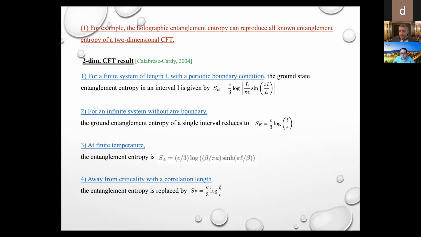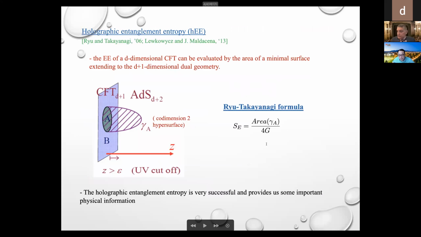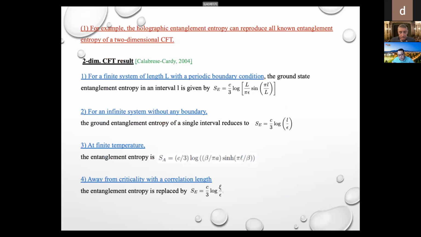Applying this Ryu-Takayanagi formula to the dual geometry, which is given by three-dimensional AdS space or an AdS black hole like the BTZ black hole, we can calculate the area of the minimal surface.